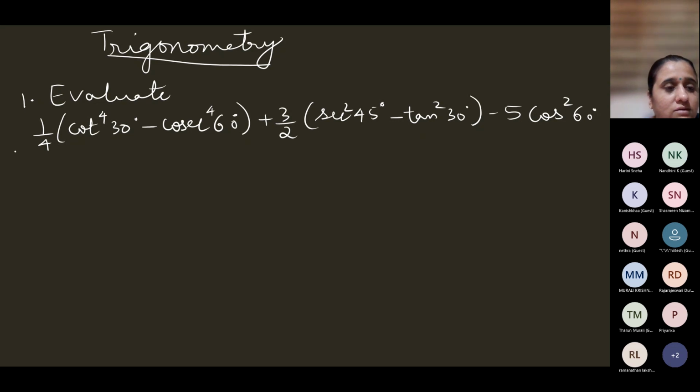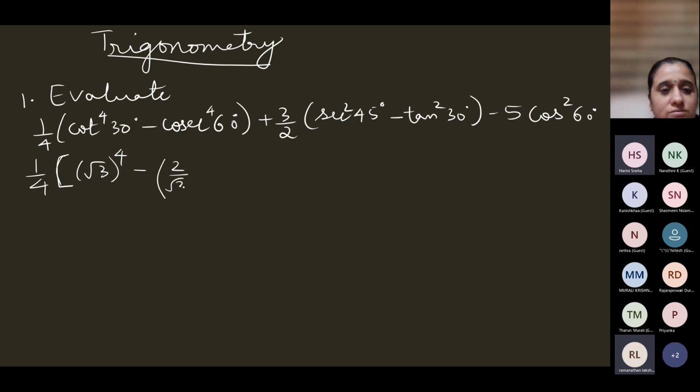Okay, let me try. 1 by 4. What's the value of cot 30? Root 3, right? Yes, minus cosecant 60. 2 by root 3. Correct.